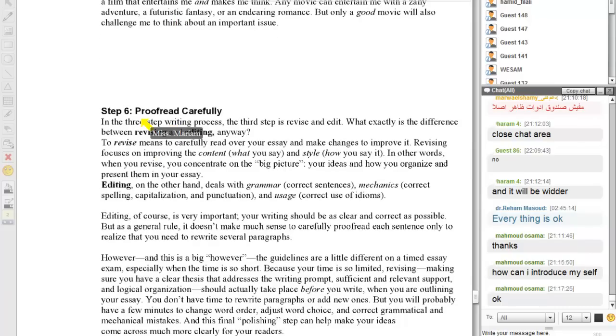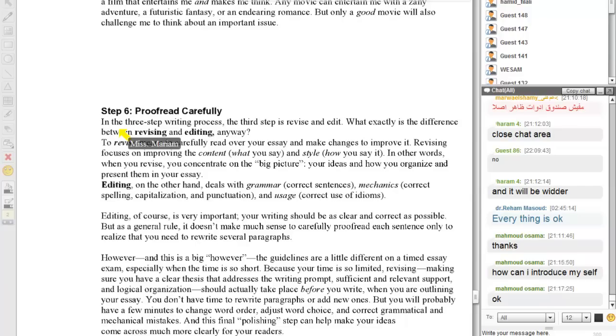the last step is to proofread carefully. Don't skip it for any reason. Why? Because under stress, and when you're having an exam sometimes, we confuse our ideas, or we make silly spelling mistakes, very silly, or we have grammar mistakes, which is not because you don't know the rule.